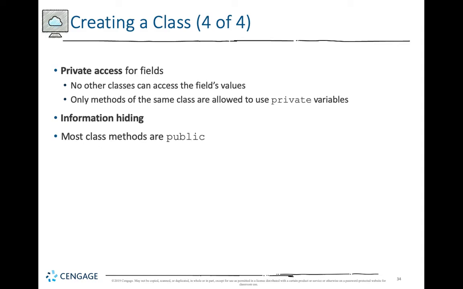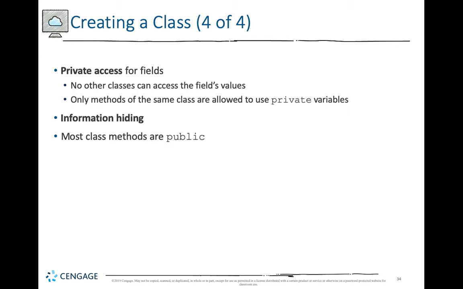All right. So private access for fields. No other classes can access the field's return value. If it's private, can't access it. Only methods of the same class are allowed to use private variables. What that means is in my pizza class, I declare a private sauce, private string sauce.